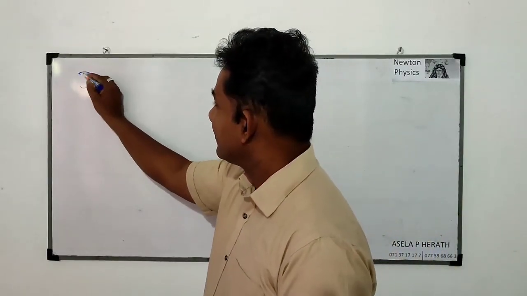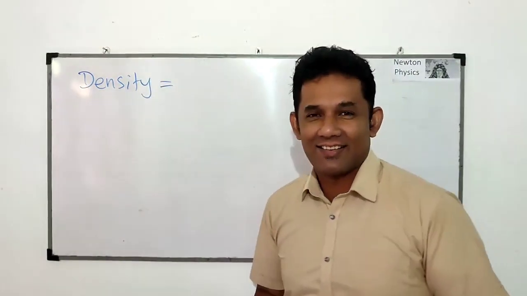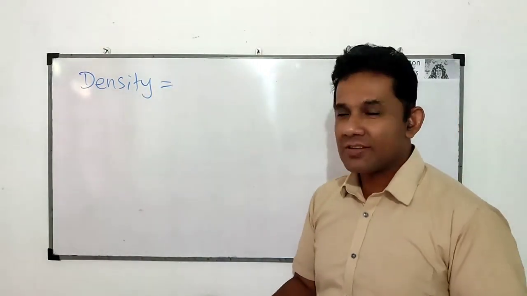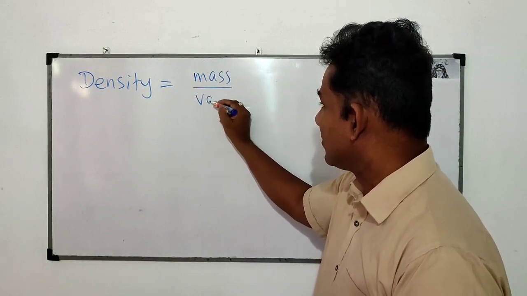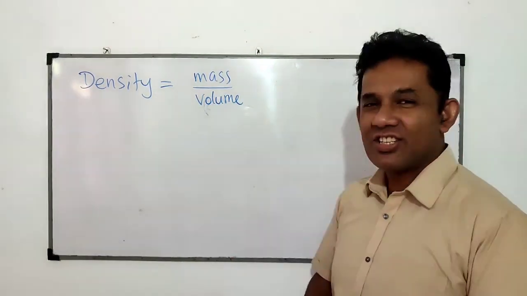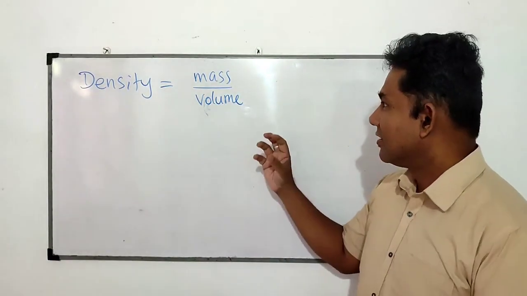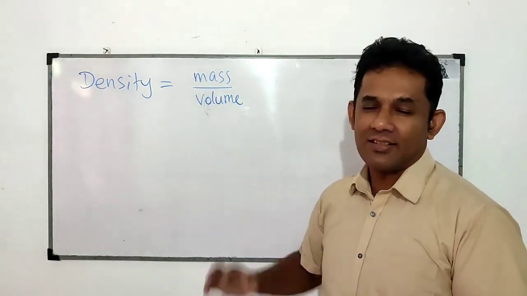The density of a given matter is the ratio between mass and volume. That means if you take the mass of a unit volume, then it becomes the density.